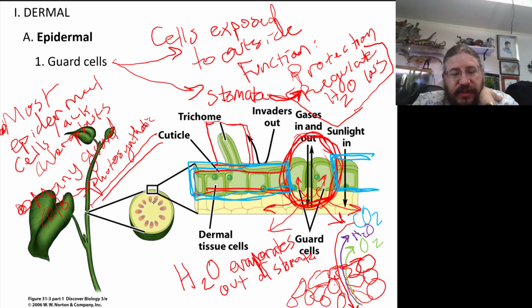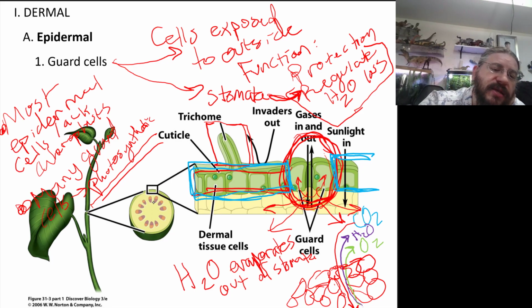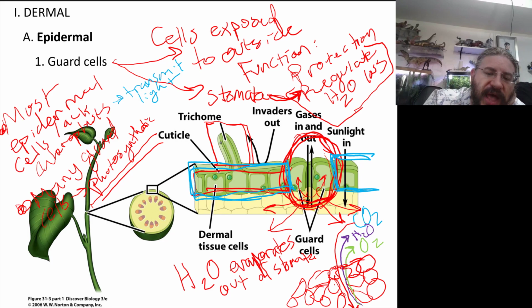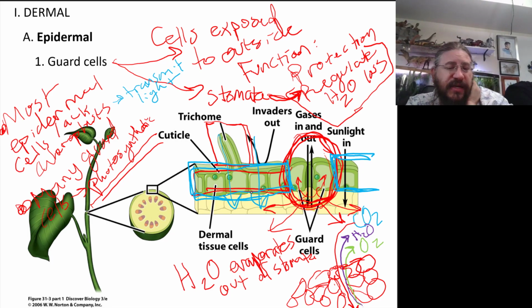They lack chloroplasts. The bonus there is that they transmit light well. So light passes through those cells pretty effectively to the photosynthetic tissue below.